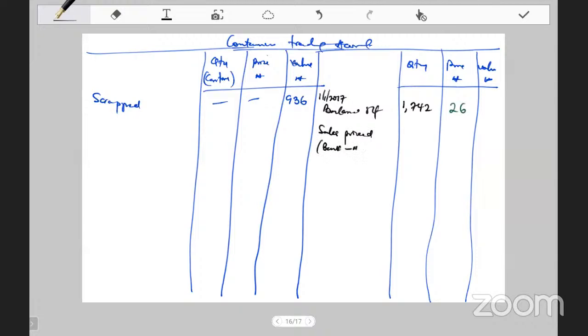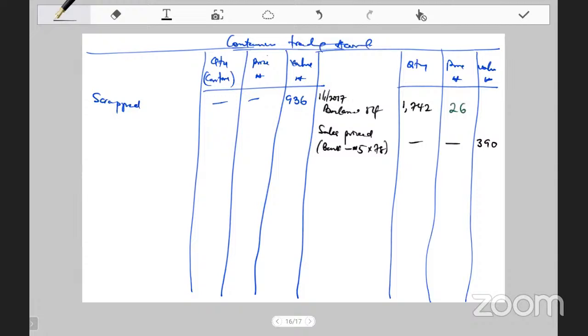So how much did I realize? 5 naira times 78. How much was realized for selling this scrap? 390. Thank you. And that goes to the bank. So we are through with that information.